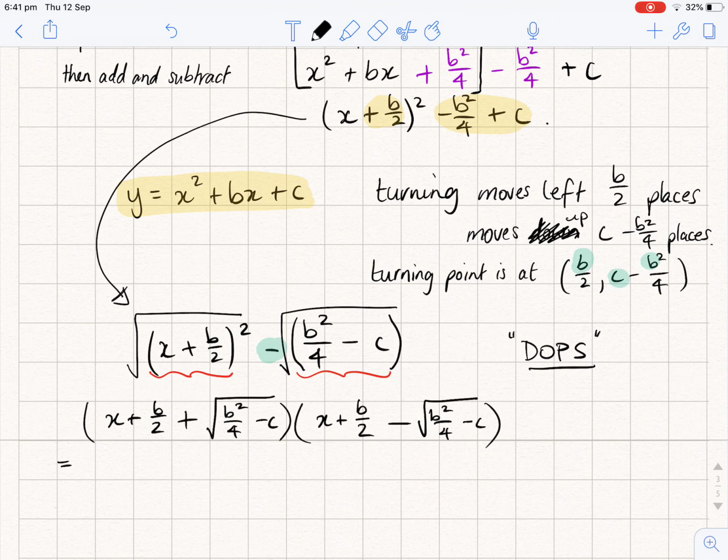I can tidy this up a little bit further by getting a common denominator in that second part. So it'll be b squared over 4 minus 4c over 4. I've got a common denominator.